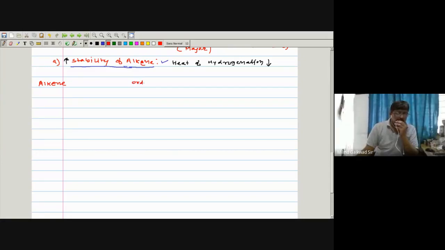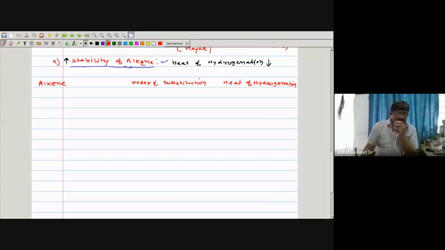So here is the order of substitution of alkene, and here is the heat of hydrogenation.